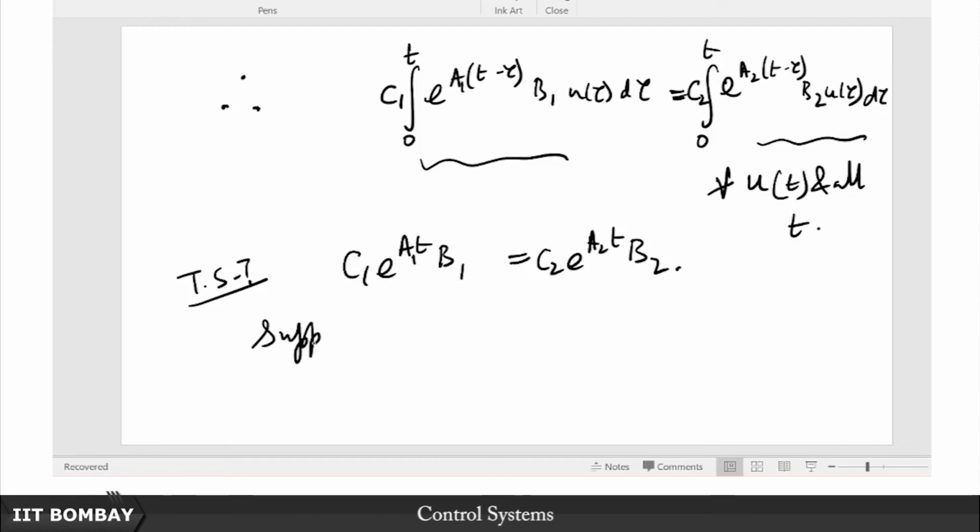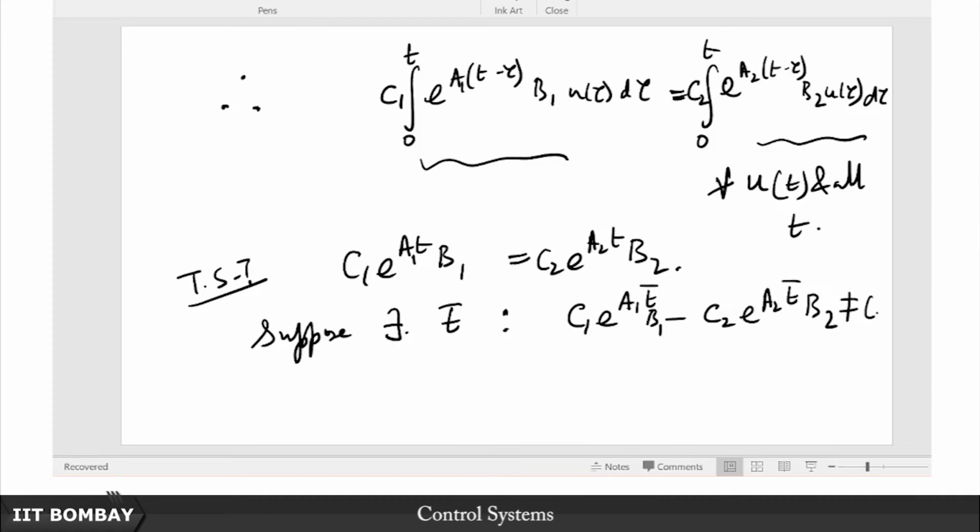So suppose there exists a t bar such that C1 e to the power A1 t bar B1 minus C2 e to the power A2 t bar B2 is not equal to 0. So suppose there exists some t at which this is violated. We will prove this by contradiction. So suppose there exists some t bar such that this is not true, then what can we say?